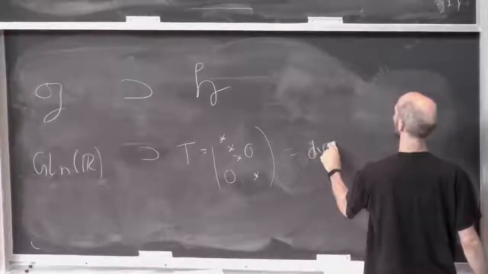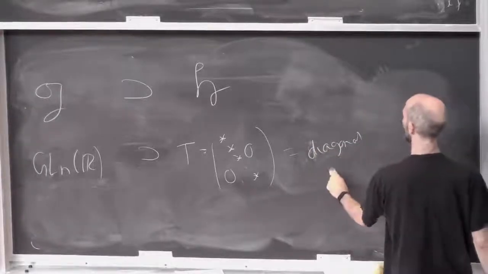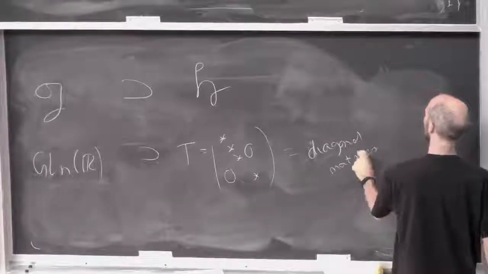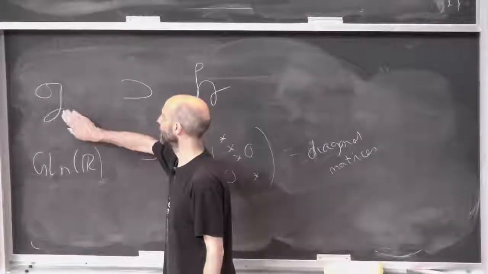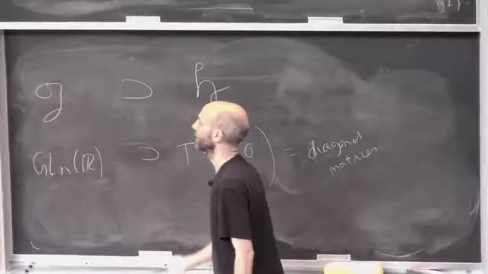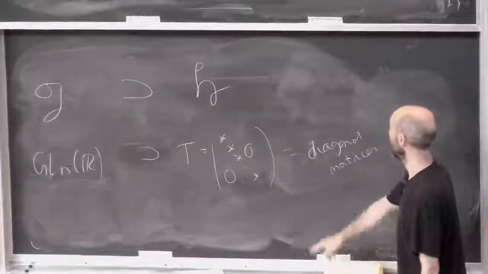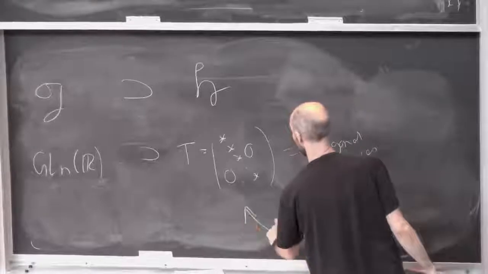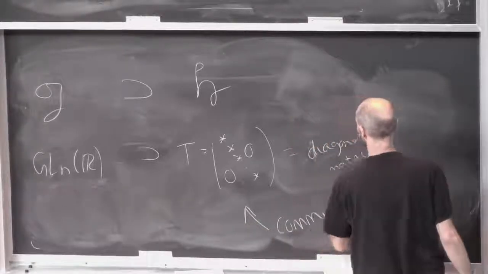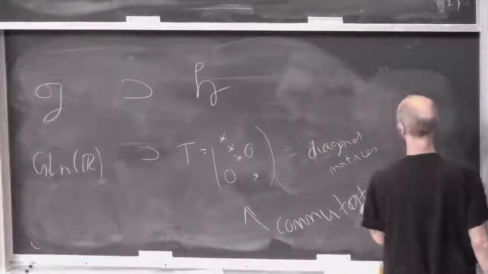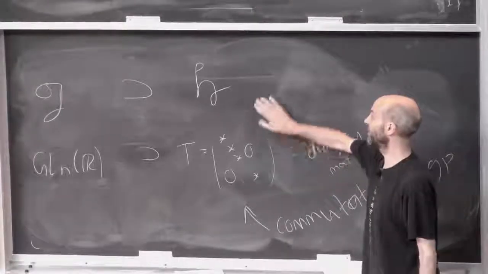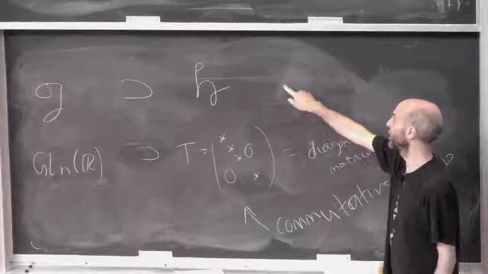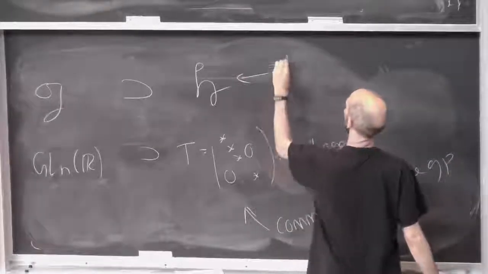So we have GLN of R, a complicated Lie algebra G, and T, a commutative Lie group. The Lie algebra of T is a subalgebra of the Lie algebra of G, an abelian Lie algebra.